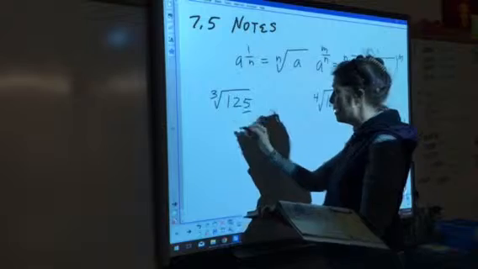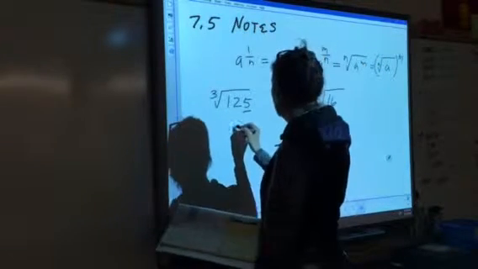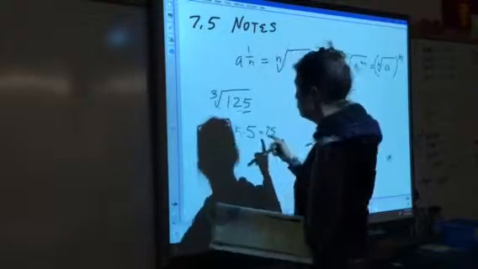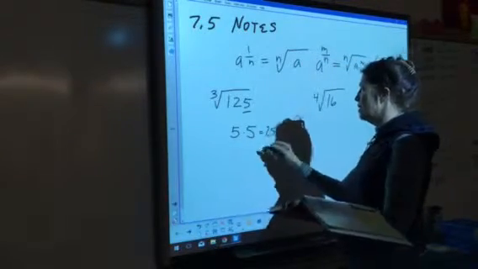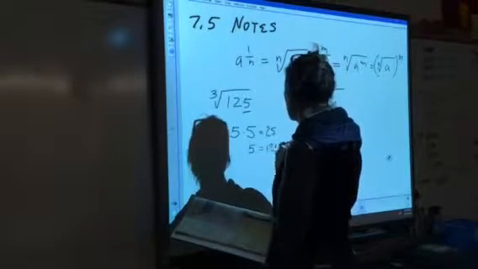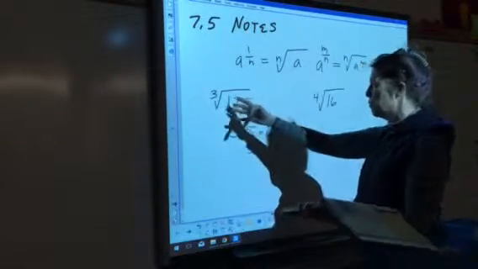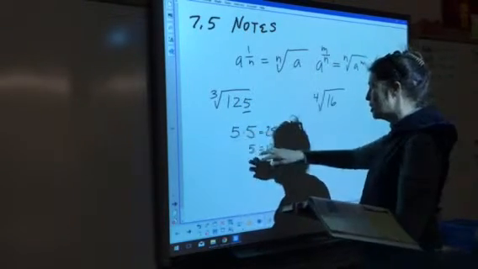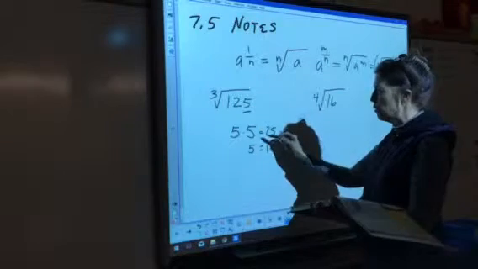And I see 25. So I know 5 times 5 equals 25. Oh, and if I take that times 5, that would be 125. So just knowing what you're pulling out, if it's even, if it's odd, if it's a 5, you see some 3 combinations, that's usually a good start to pull this out.